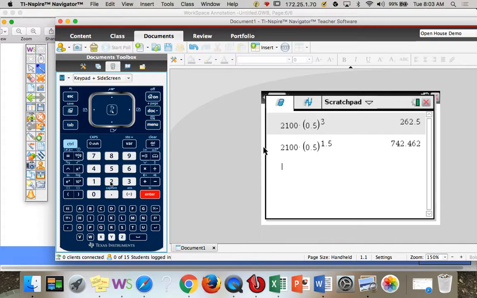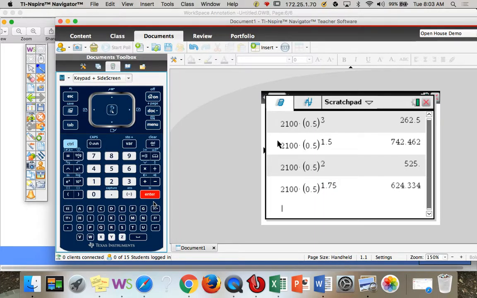Let's try 2 years. Okay, so it's in between 1.5 and 2 years. Try 1.75. Okay. So I need to go a little bit higher than 1.7 years.